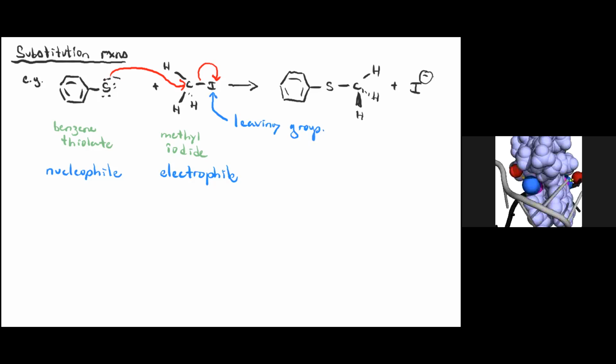The only other thing that I want to say is that remember, the charges need to be balanced. So I can neither create nor destroy charge. The sum of the charges in the starting material always has to equal the sum of the charges in the products.